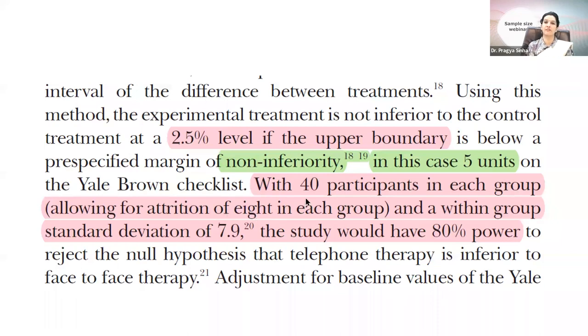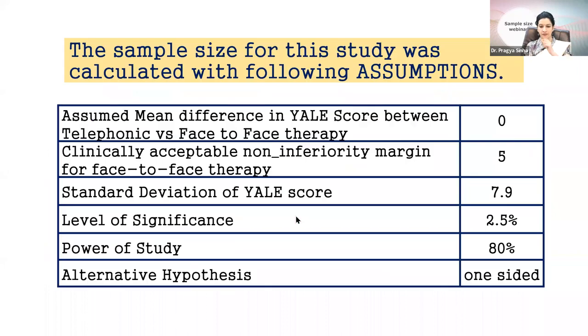So if you calculate that 31, which you initially did, 31 or 32, with this 8, so at the 5% level, if you add this 8, it will be 40. So that's how we thought that maybe this is not the alpha level, and alpha level is 5% only. There was some confusion in the language, and the 40 participants include the 8 people for the allowance of the attrition rate.